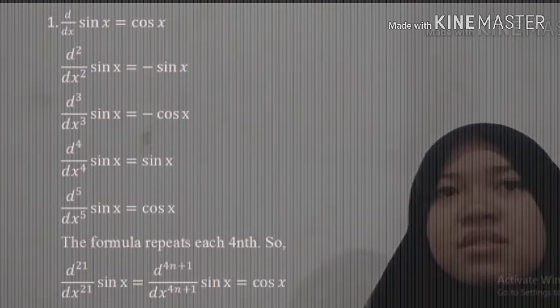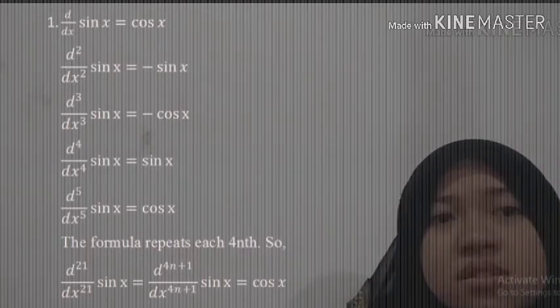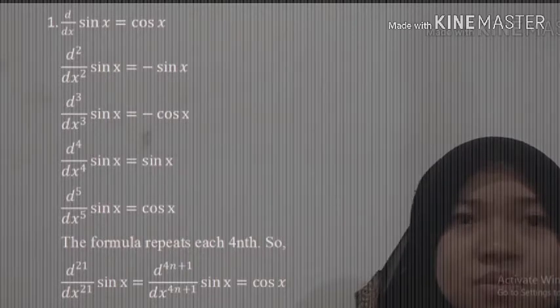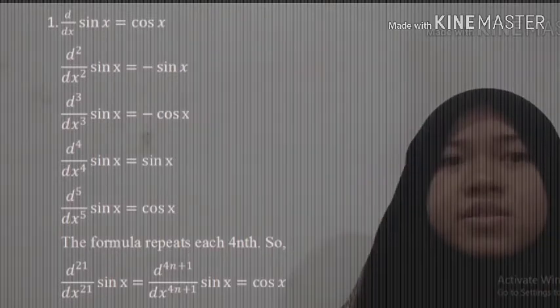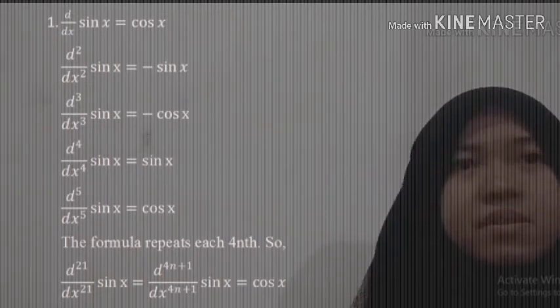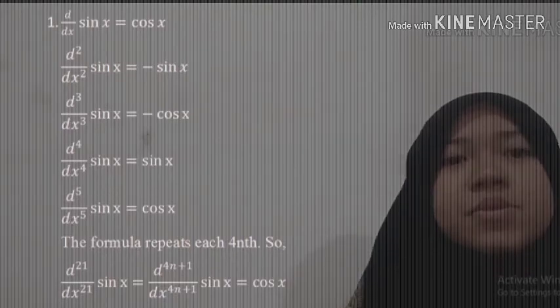So the 21st derivative of sine x is equal to the 4n plus 1 derivative of sine x, because the remainder is 1, so it is the first derivative of sine x. So the 21st derivative of sine x is equal to cosine x.